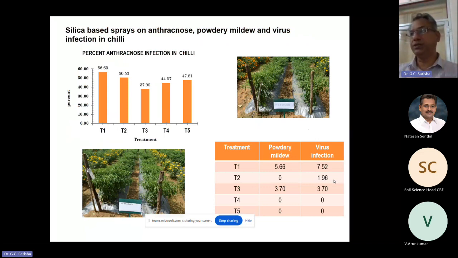Still, this is an initial study, and we will work further on anthracnose. If it works, this is one area where we can recommend it for practice in chili. Of course, powdery mildew is usually not much in chili, but we noticed that mildew and virus infections are relatively less.